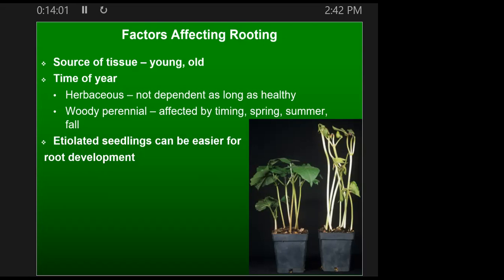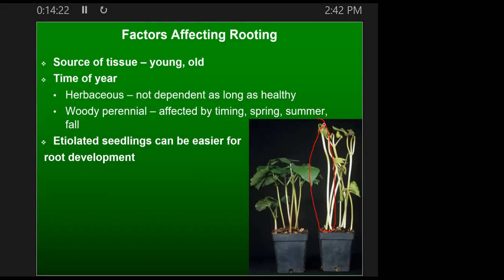The ones on the right are etiolated. I'm sure you can easily see how they're much taller plants, and the leaves look pathetically kind of yellow, the stem's all white. That is an etiolated plant.